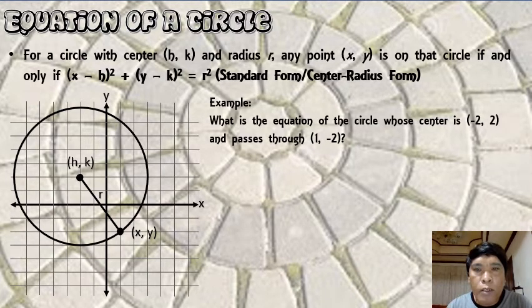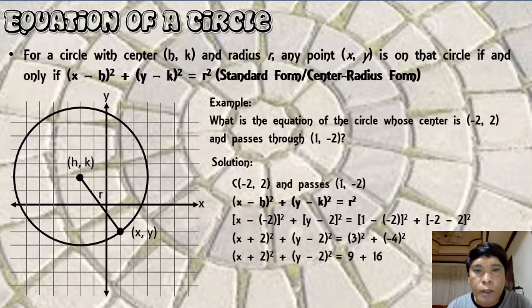Then plug in all the values on the equation of the circle. So that is quantity x minus h squared plus quantity y minus k squared is equal to r squared. For the length of r, we have to use the distance formula.